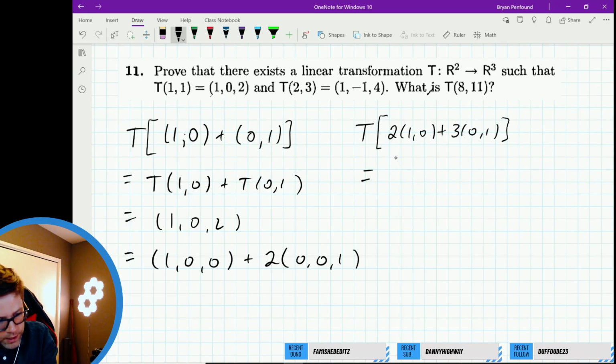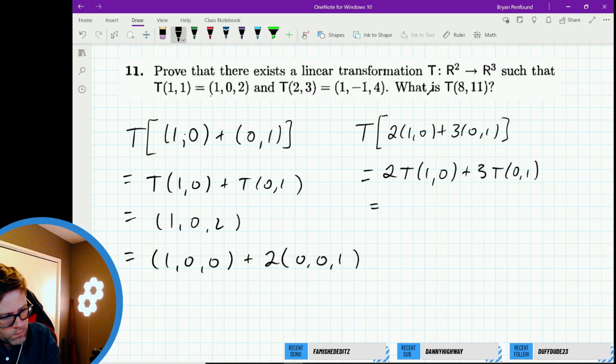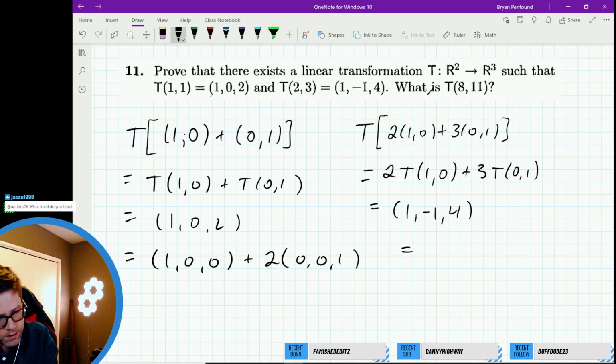We want T to be linear, so it should be 2 of these and 3 of these. And we know that this gets sent to (1, -1, 4), which is going to be this minus this plus this.